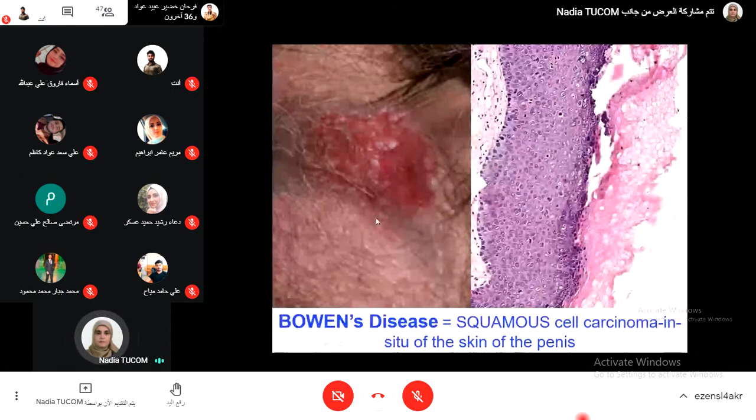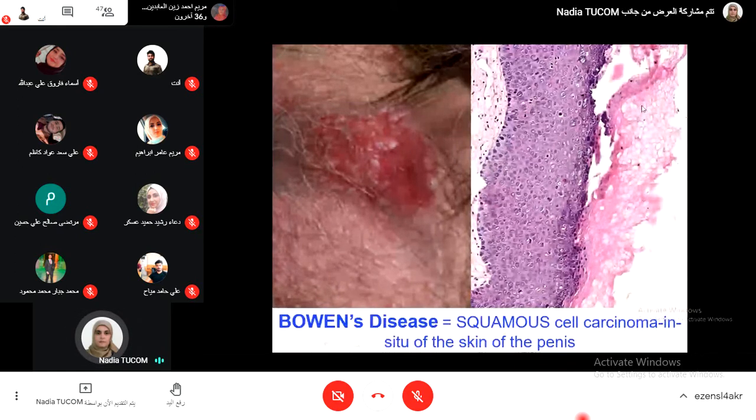This is Bowen's disease, with its gross and microscopical appearance. You can identify here a lesion resembling leukoplakia, a pre-malignant Bowen's disease, meaning carcinoma in situ without invasion of the basement membrane.